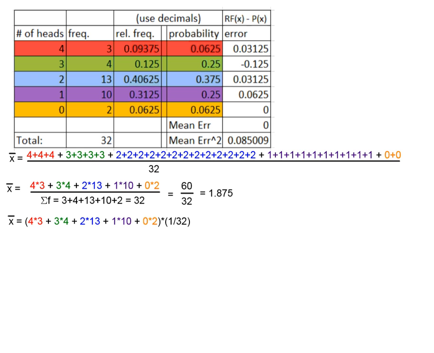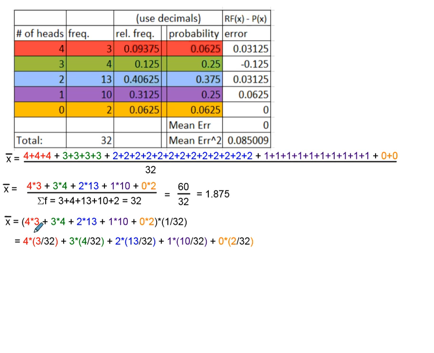But let's go a step further so that we can start talking about probability distributions. Instead of dividing by 32, we can multiply by its reciprocal. This makes it easier to see how we distribute. This 1/32 can be applied to each one individually.